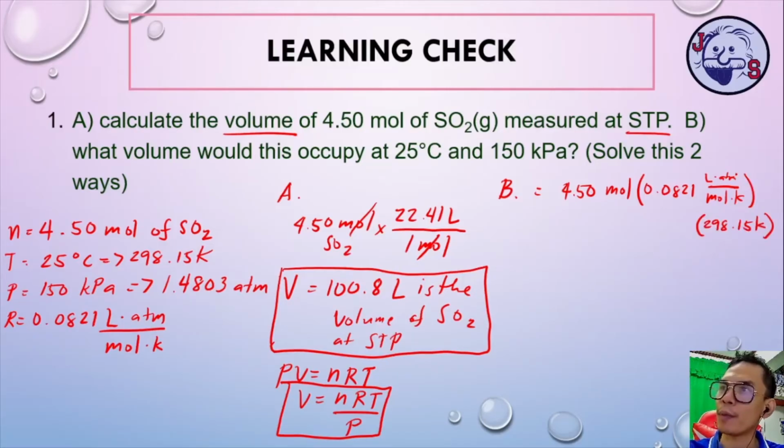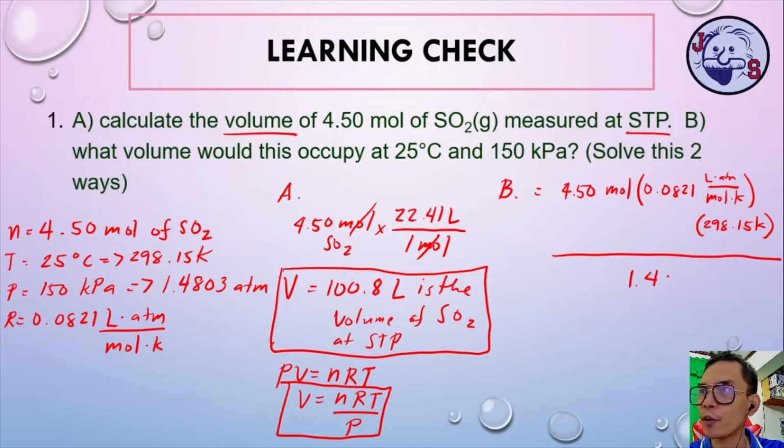So we have now this first part. And on the bottom, we have 1.4803 atmosphere. Alright, so let's cancel all the similar units. Cancel, cancel, cancel.